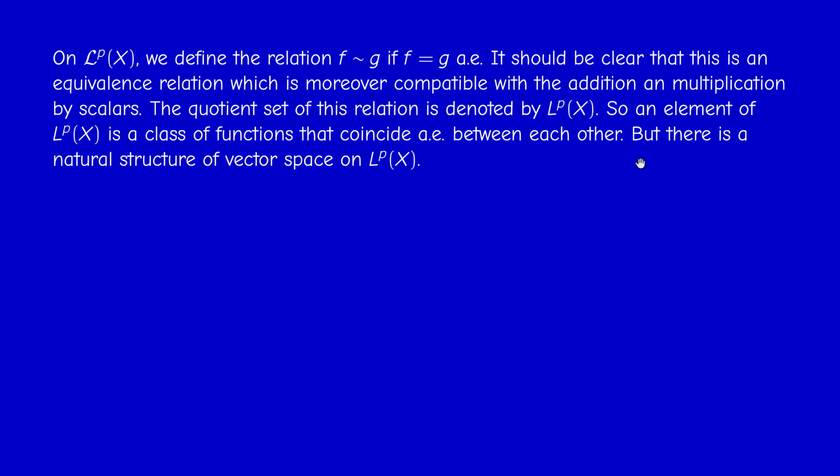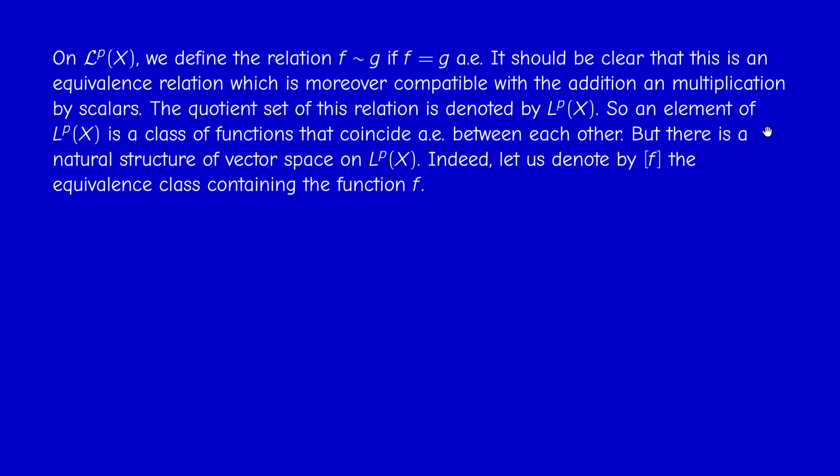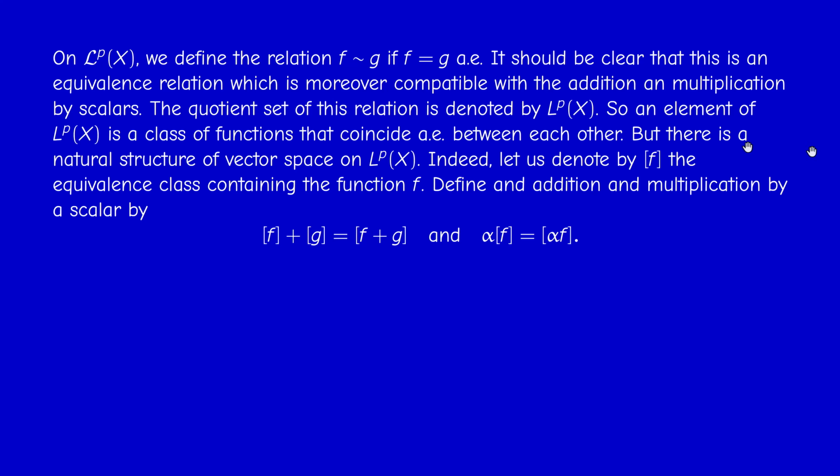And now we can put a structure of vector space on this capital LP, as you've probably done in algebra. Given two classes, we denote the class containing f by f between brackets. What is the sum of two classes? The sum of two classes is simply the class containing the sum, and you can prove that this is independent of the representation. If you take f prime in the same class of f and g prime in the same class of g, then f plus g is equivalent to f prime plus g prime.